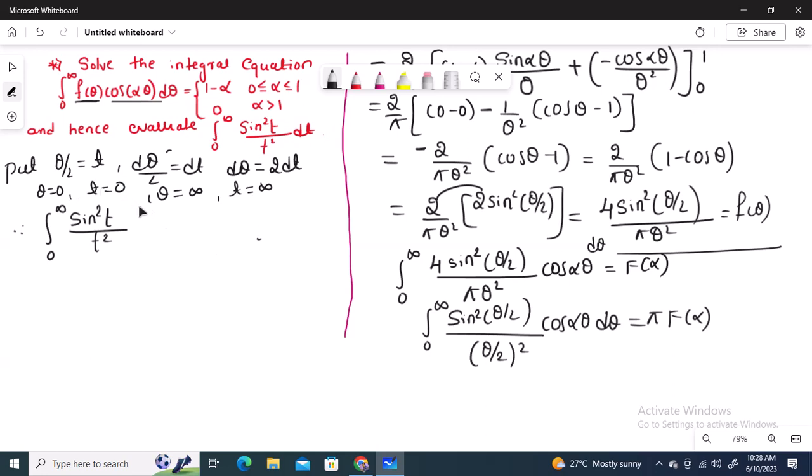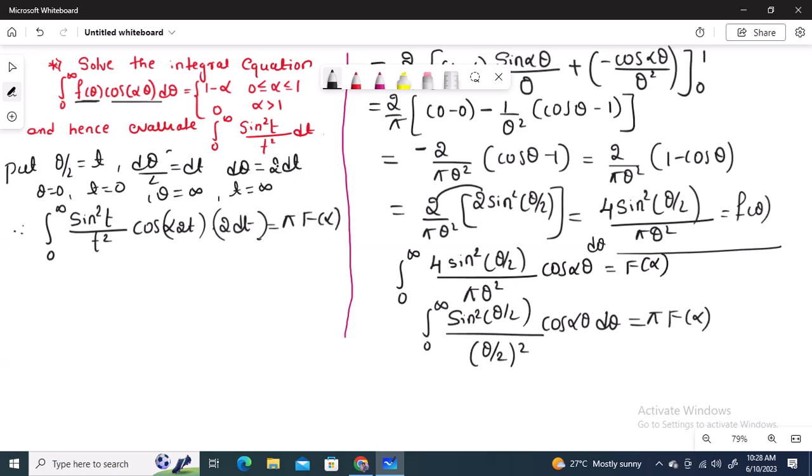Alpha, that we have to write. So cos αθ is there. θ is nothing but what? 2t. Okay, so that I'll write 2t. This is under the function, into dθ is there. dθ means what? 2 dt. This is outside the function. Don't merge both. So the answer is this, 5 into f of α.